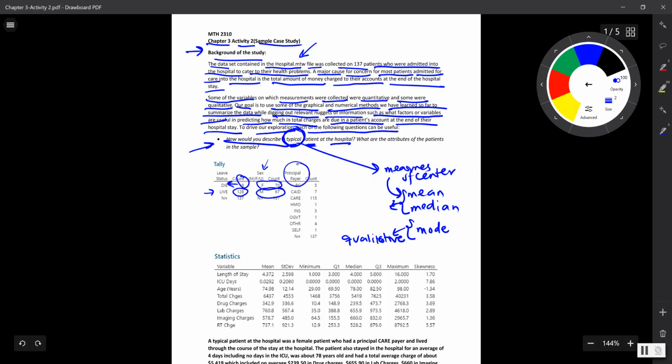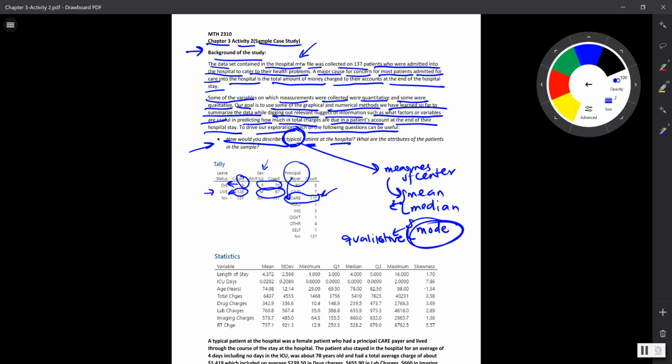And then for principal payers, many of them have a principal payer called care. That might be Medicare or thereabout, but I'm not sure. Or some other kind of care. But what we know based on that data is that the majority of them were cared for. So we would say in our report that a typical patient at this hospital actually lived, using the mode.